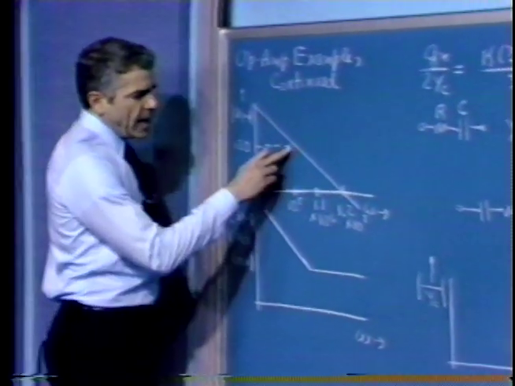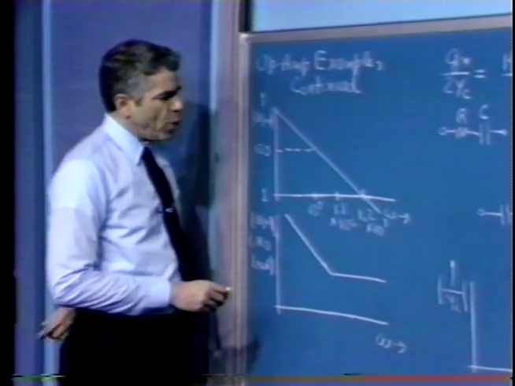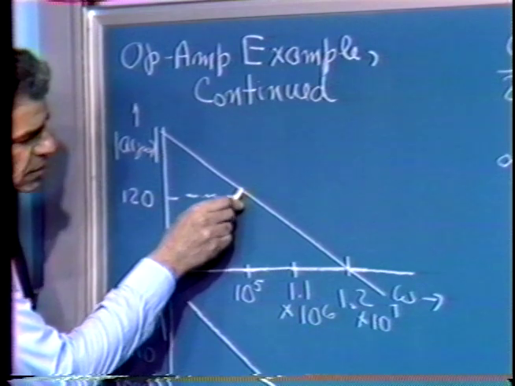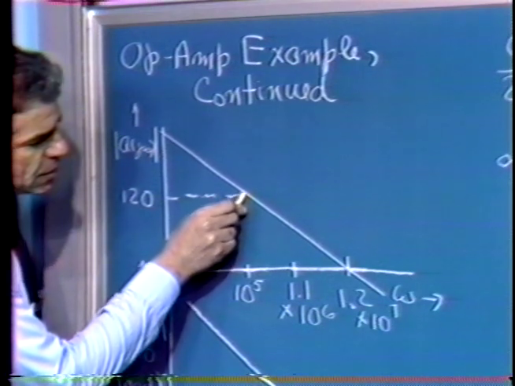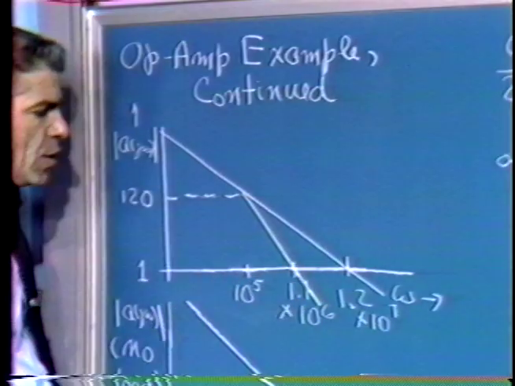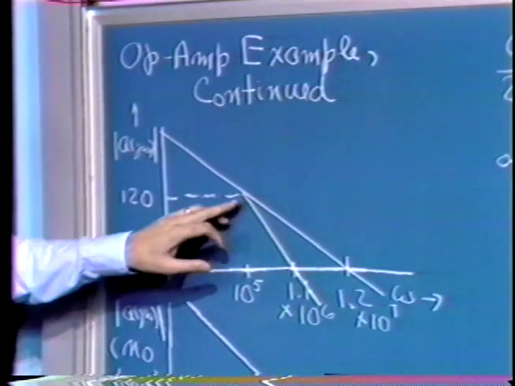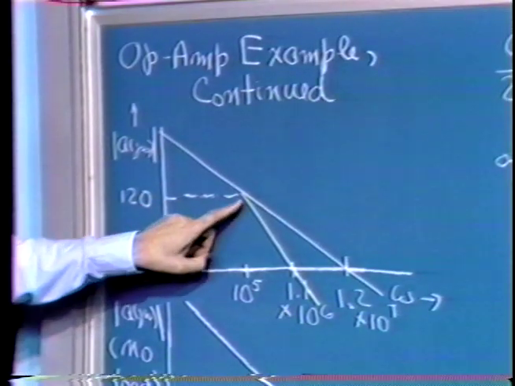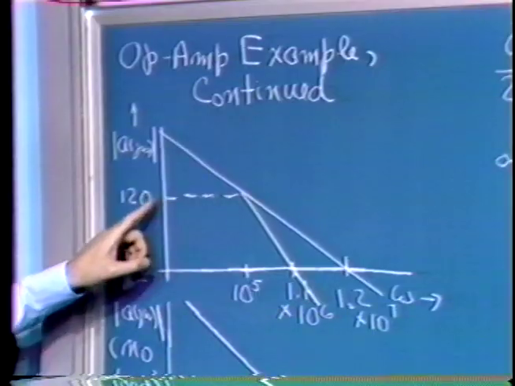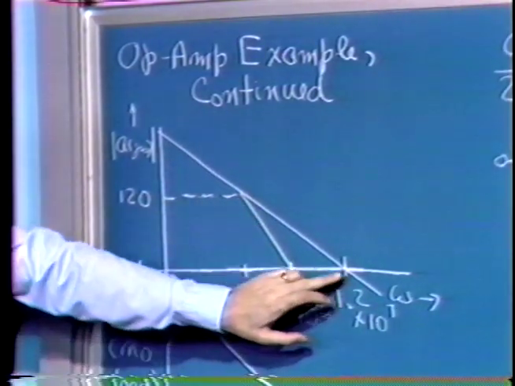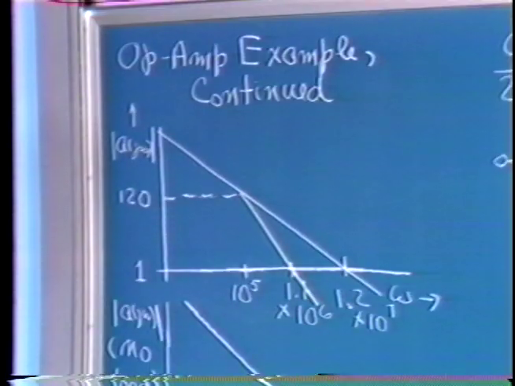If we add one additional pole to the open loop transfer function of the amplifier, our resultant A of s will be this. We notice that the magnitude of the open loop gain at the frequency where the pole is located is about 120.